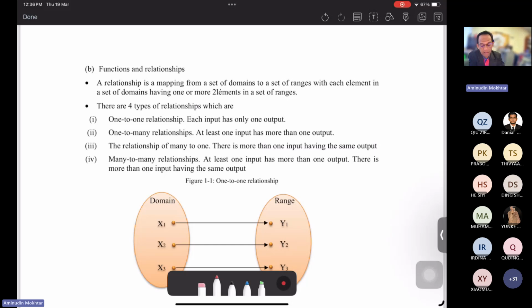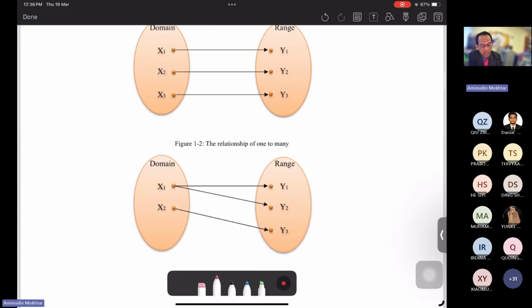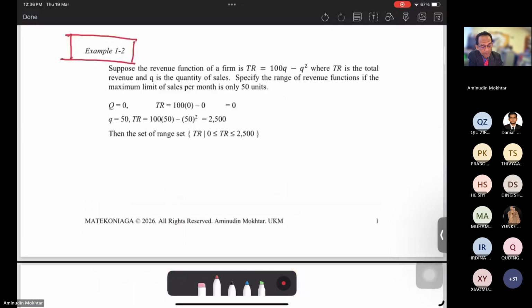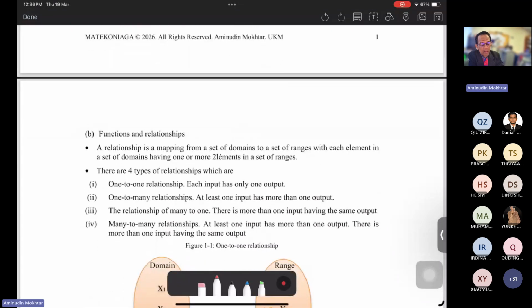There are four figures here: figure 1.1, 1.2, 1.3, and 1.4. There are two terms here, function and relation. Function is fungsi, relation is hubungan.